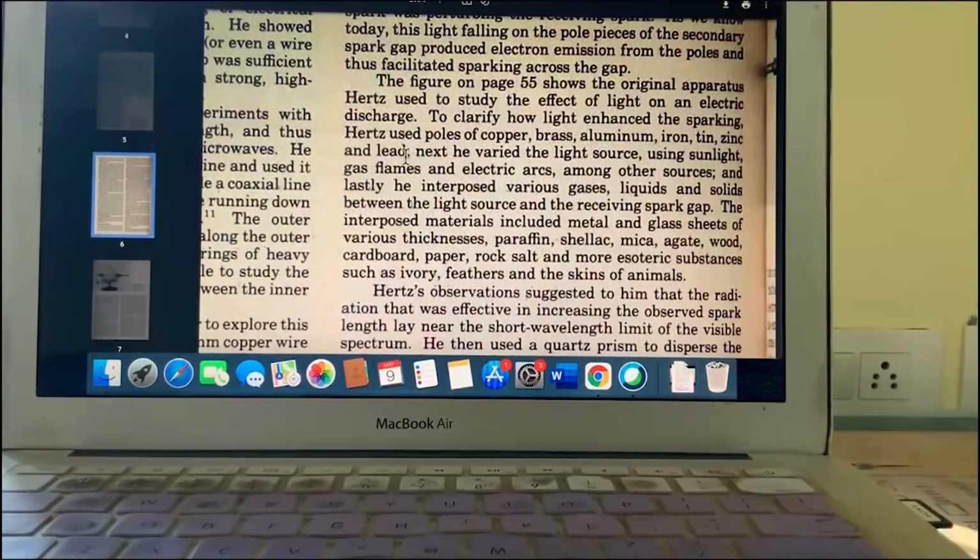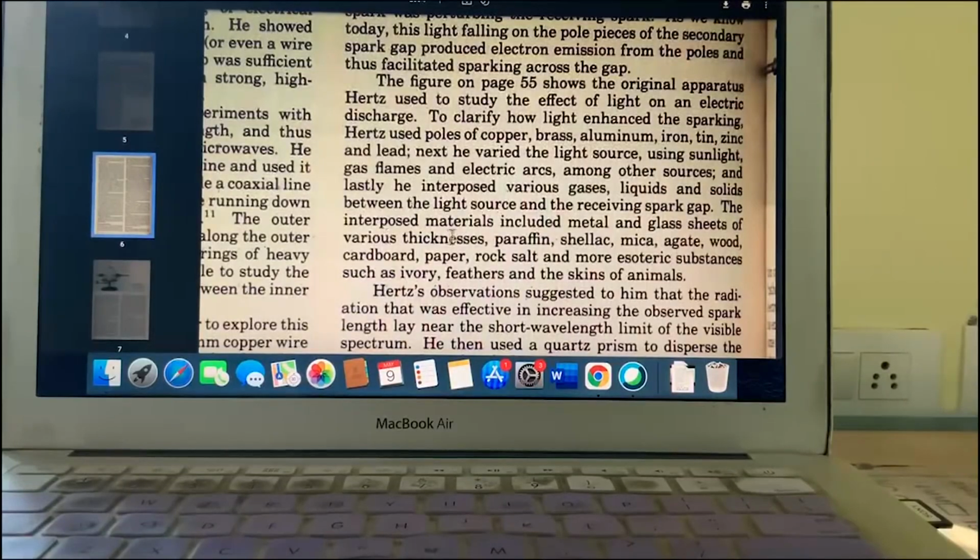See, if he has taken some problem in hand, he will do a very good job on that. Next, he varied the light source using sunlight, gas flames, electric arcs, among other sources. And lastly, he interposed various gases, liquids, solids between the light source and the receiving spark gap. A very thorough experiment, a very thorough analysis.